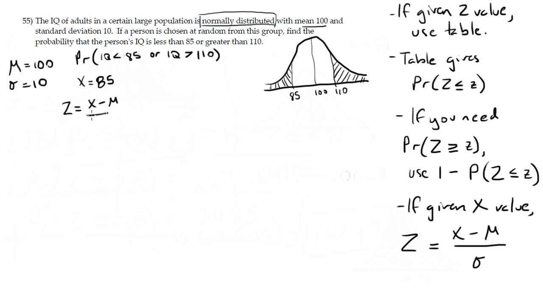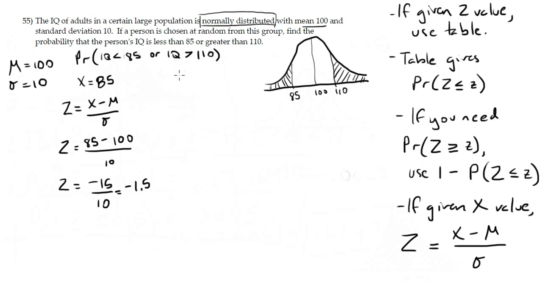X minus the mean over the standard deviation. So the x value is 85 minus 100 divided by 10. Z value is 85 minus 100, that's negative 15 divided by 10, which is negative 1.5.